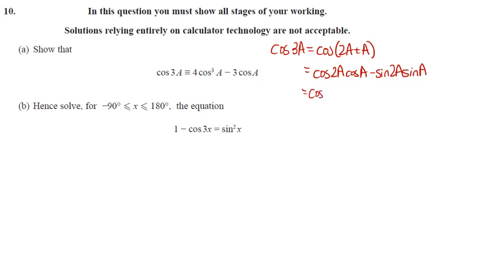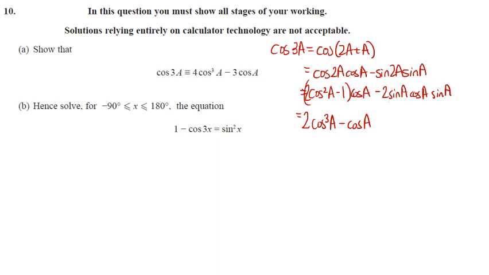So that's 2 cos squared a minus 1 times cos a minus 2 sin a cos a times sin a. Multiply that out. So the bracket 2 cos squared a times another cos a, so that's 2 cos cubed a, and then minus 1 times that.